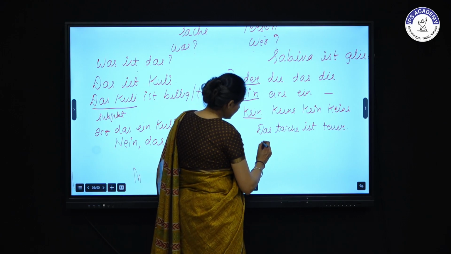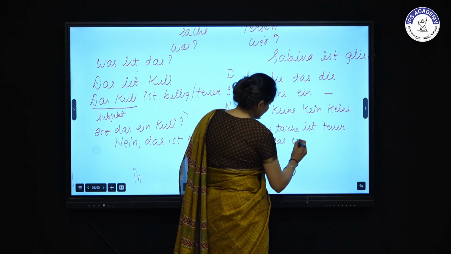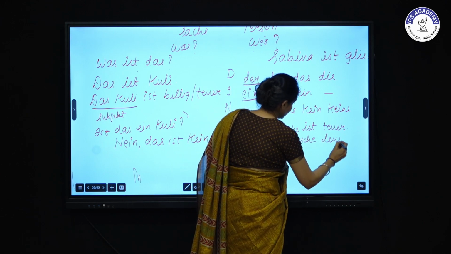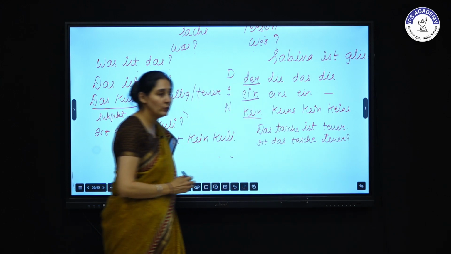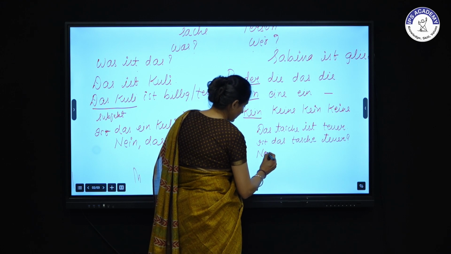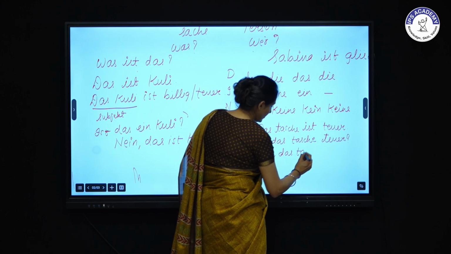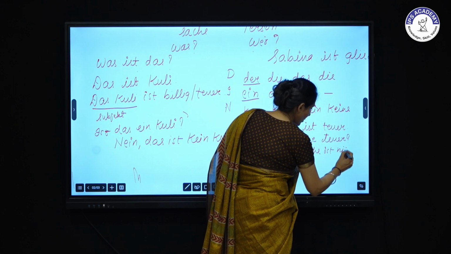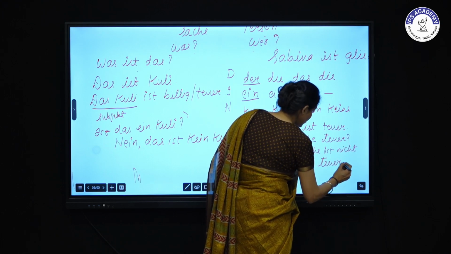The same thing if we say, is das Tasche teuer? Here we are going to say nein, das Tasche ist nicht teuer. So what am I doing here? I am using the negation as nicht.